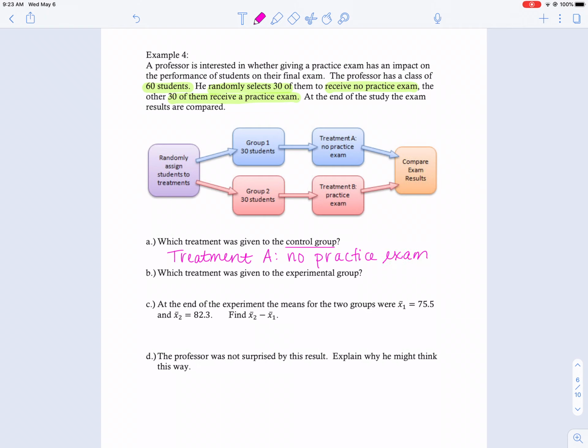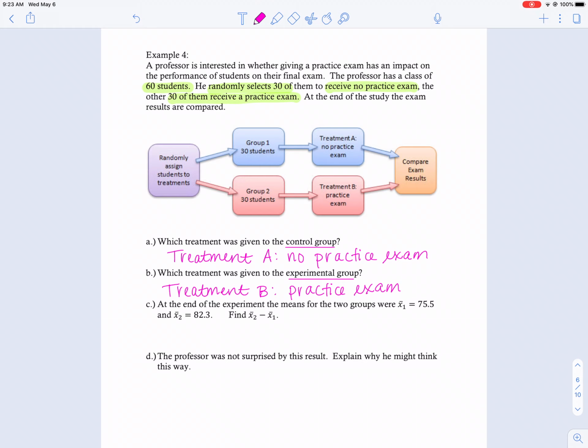Okay, which treatment was given to the experimental group? Well, the experimental group was clearly treatment B, and treatment B had the practice exam. Okay, so there are your two different groups.